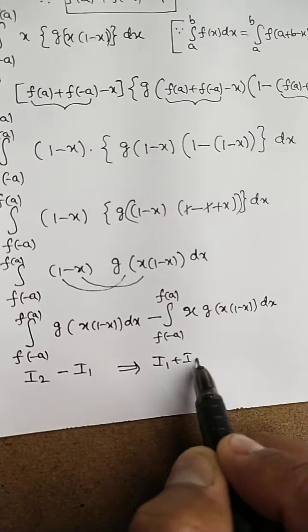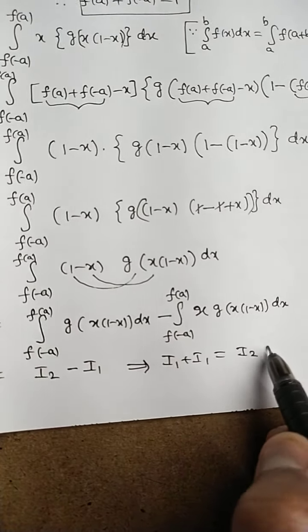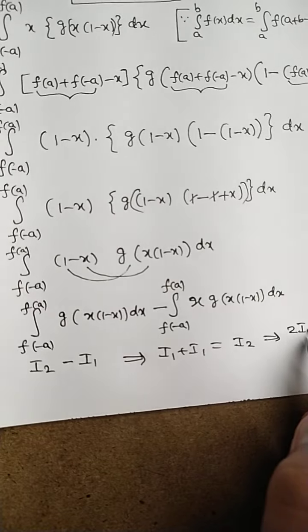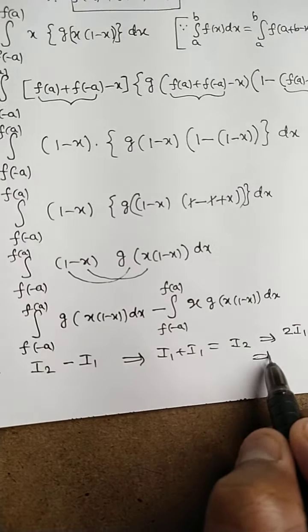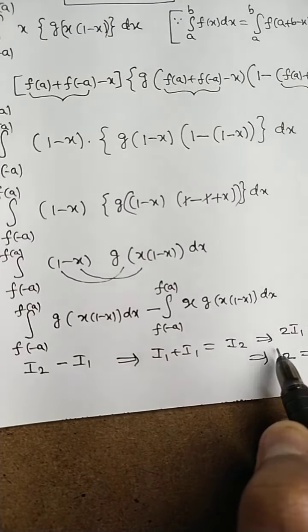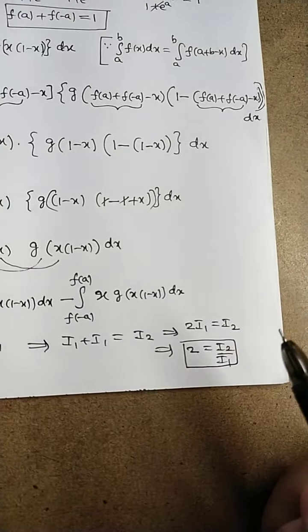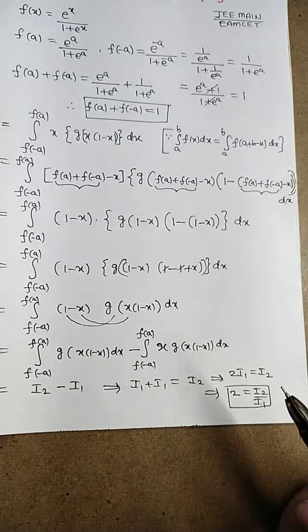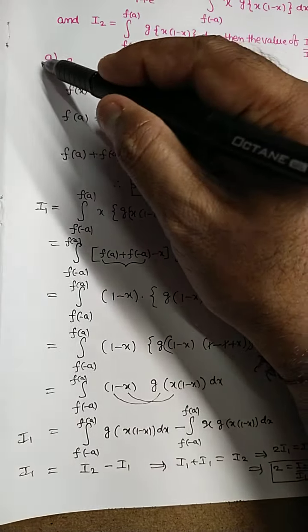I1 plus I1 is equal to I2. That implies that 2I1 equals I2. But the question asks for I2 by I1. So 2 equals I2 by I1. Therefore, the value of I2 by I1 is equal to 2, which is there in the first option.